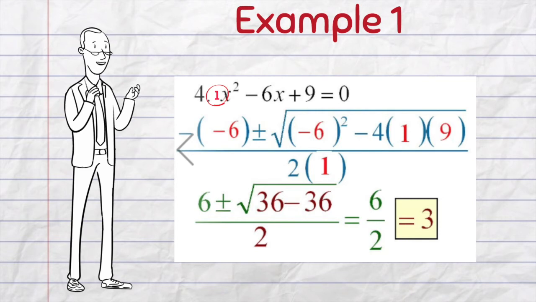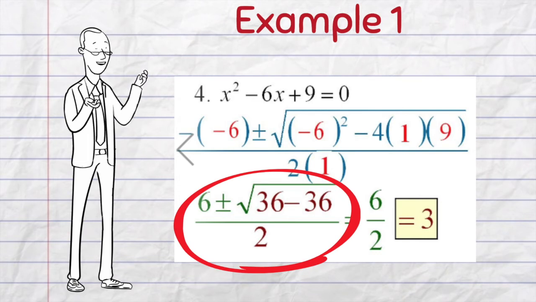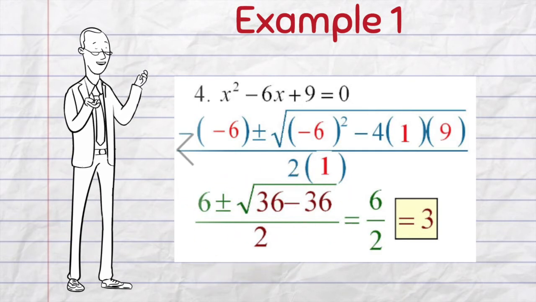So for this question, a is 1, b is negative 6, and c is 9. We plug in all those numbers and we get 6 plus or minus the square root of 36 minus 36, all over 2. The final step is to combine all numbers and simplify, which gives 3 as the answer.